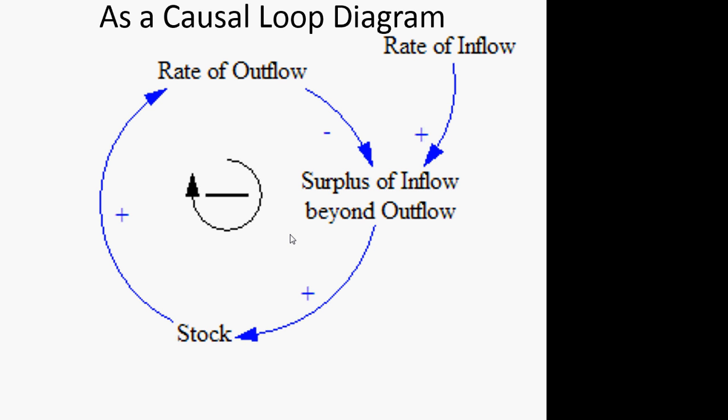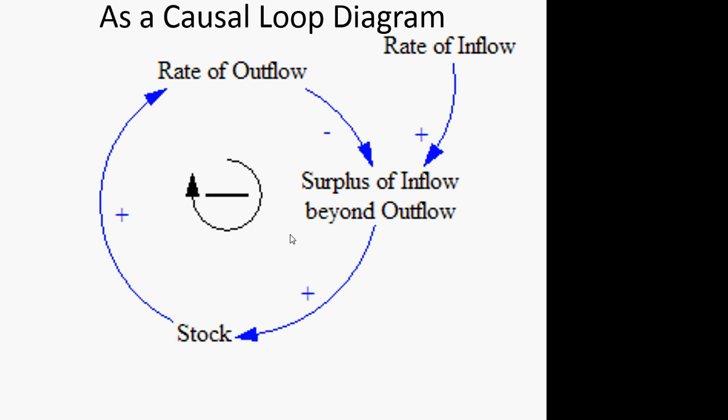Right? And the bigger that net is, the bigger the stock will become, and therefore the higher the rate of outflow. And therefore the smaller this gap will be. So it tends towards a situation where the rate of outflow equals the rate of inflow, where there's no surplus.